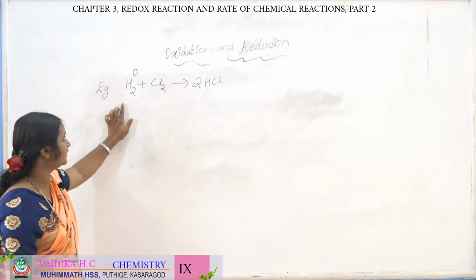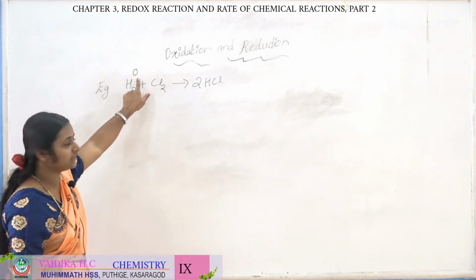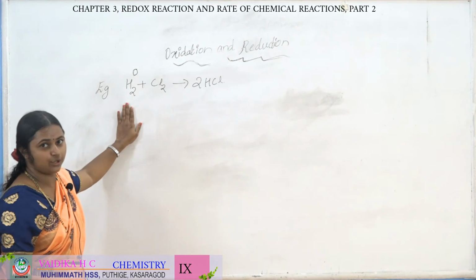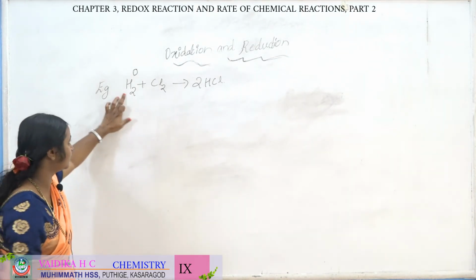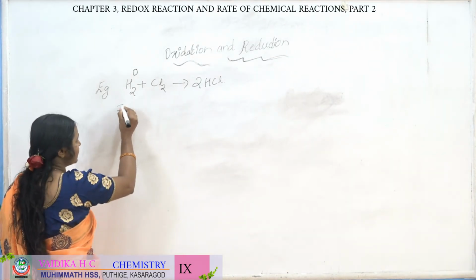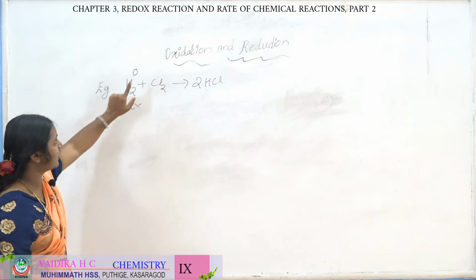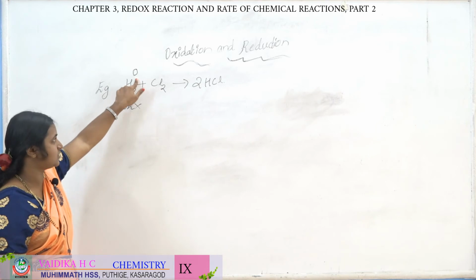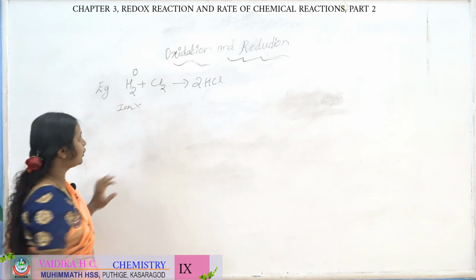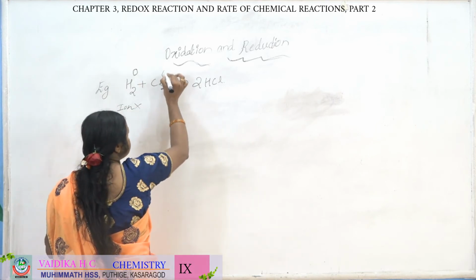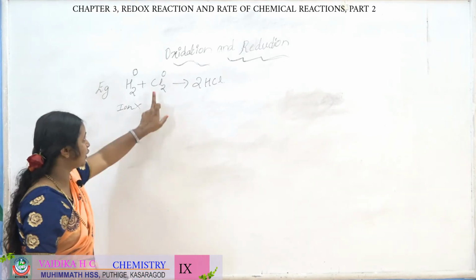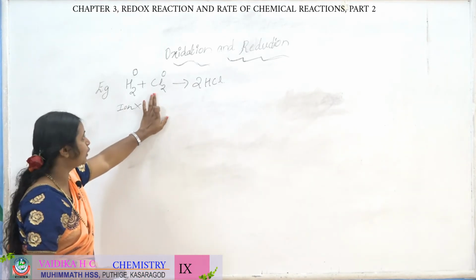Because in a molecule, the atoms are in the atomic state, not in the ionic state. Here hydrogen is not an ion, so this H2 will have 0 oxidation number, and Cl2 also will have 0 oxidation number because it is also a molecule.